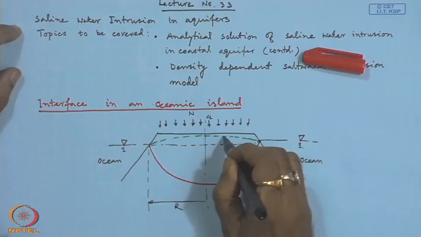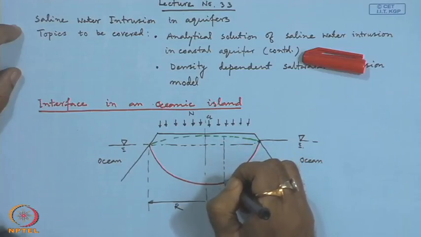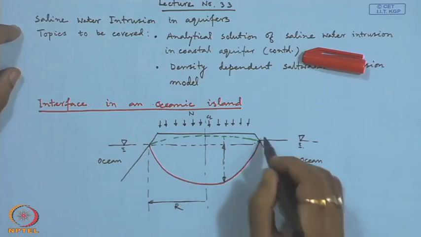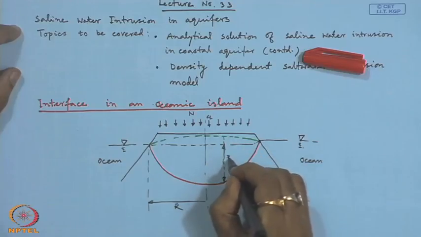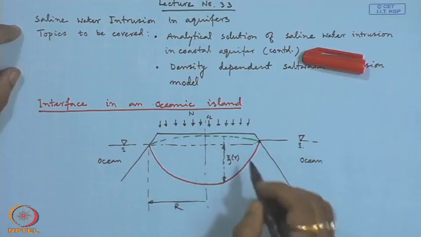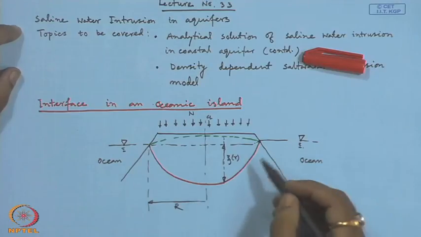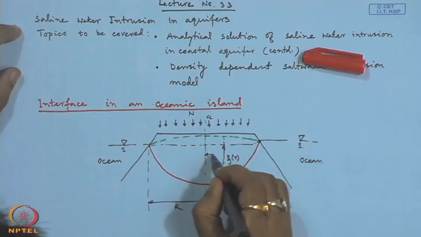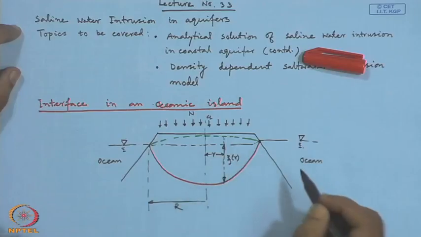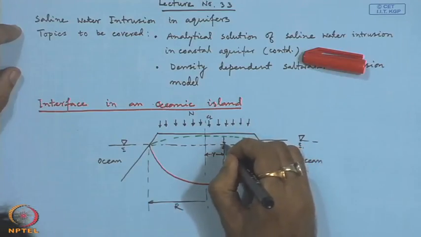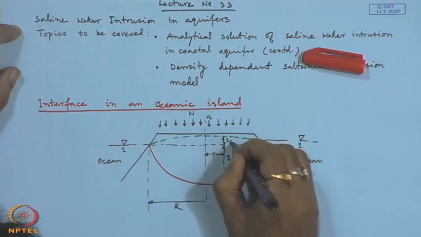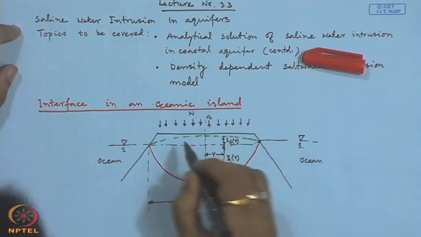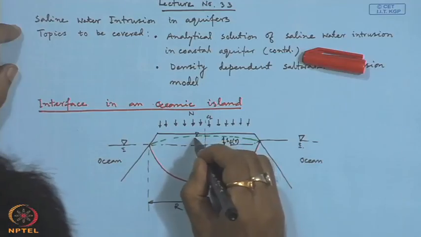For an arbitrary location we have this distance below the ocean level is denoted as psi r, because this is radially varying for oceanic islands, and this is at a distance r from center, and our freshwater head Hf, which is again a function of r, because this is again varying radially.